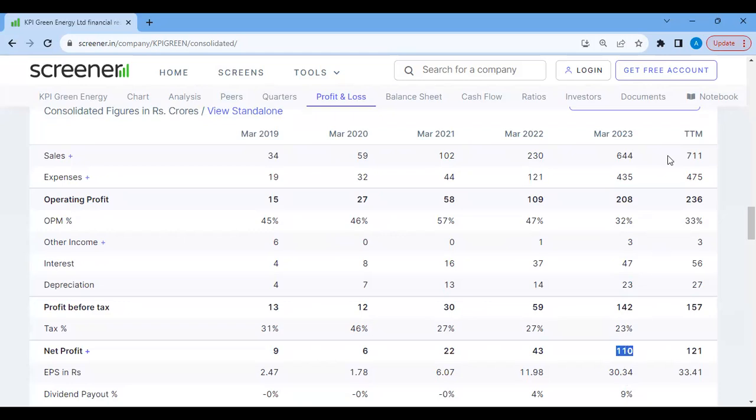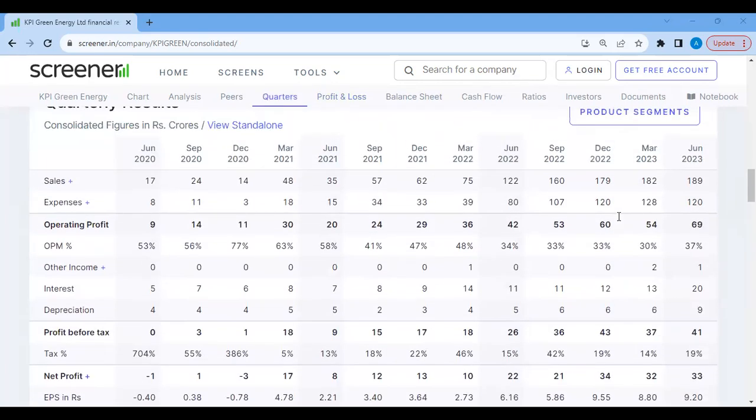Now, you can see a term called TTM. What is TTM? TTM is trailing 12 months, or in simple English, last 12 months. In Hindi, पिछले 12 महीने. पिछले 12 महीने में कितना प्रॉफिट किया है कंपनी ने, उसका स्टेटमेंट है. Now, what are the last 12 months for this company? Let us look at the quarterly statement.